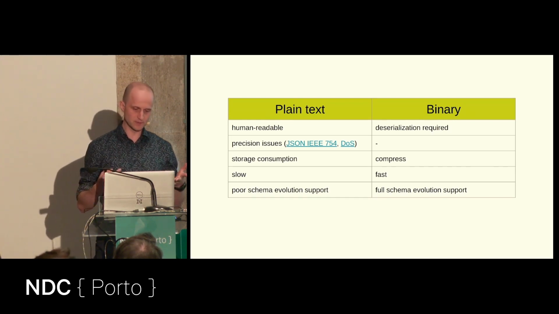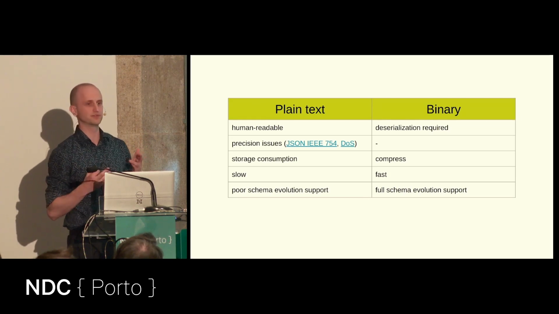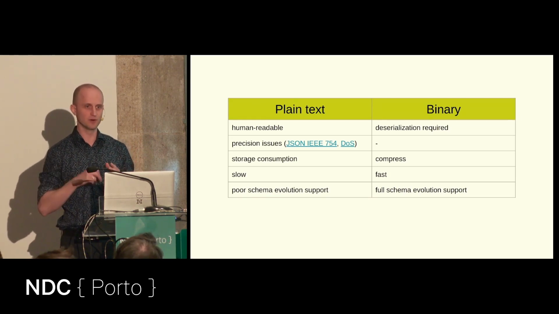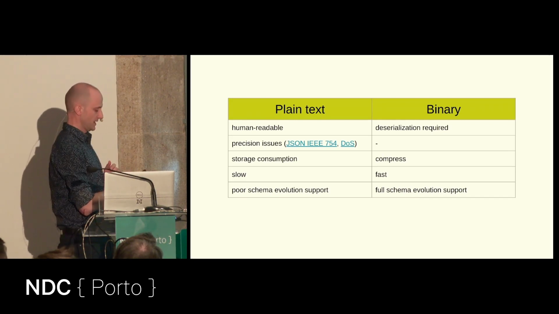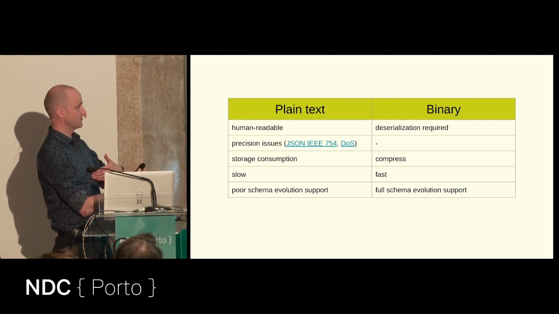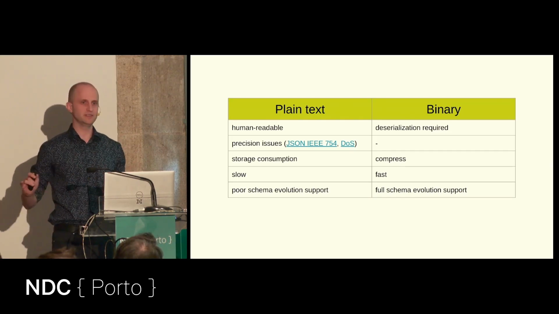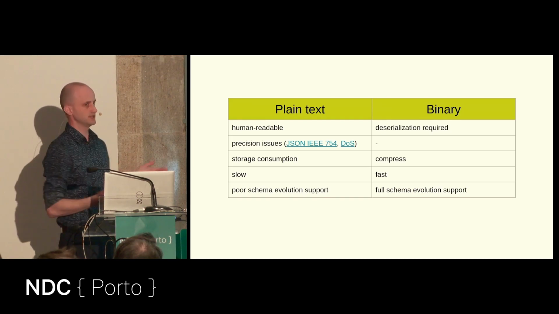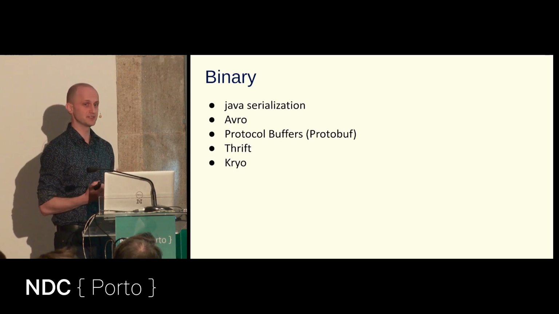With good schema evolution support, you are able to version your events without the typical versioning pain. So no more v1, v2, forget about it. In the case of binary formats, full schema evolution support is on a completely different level than in the case of JSON. So as you can see, binary serialization is a pretty nice option.